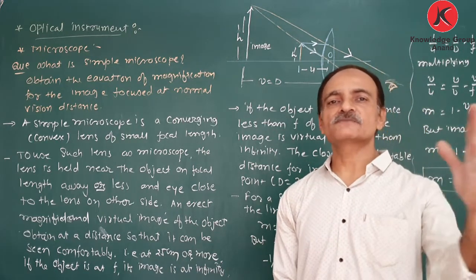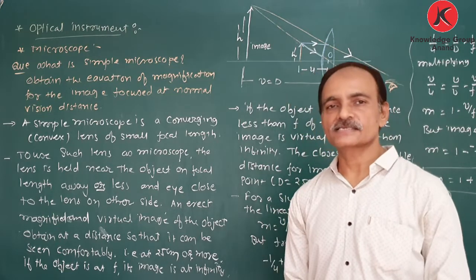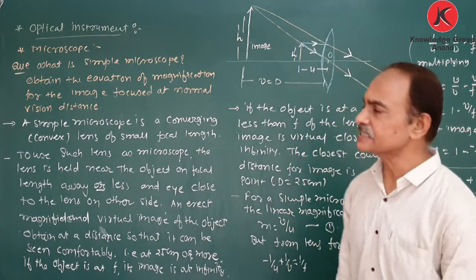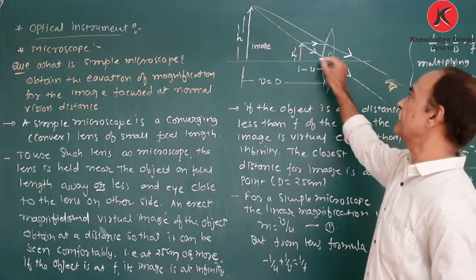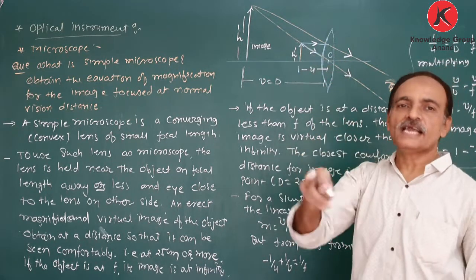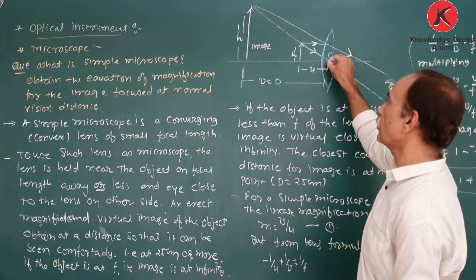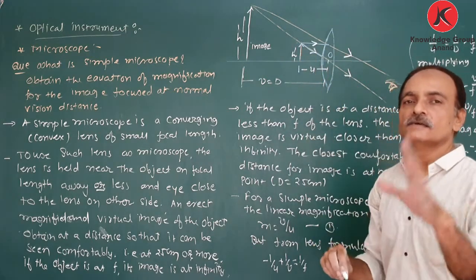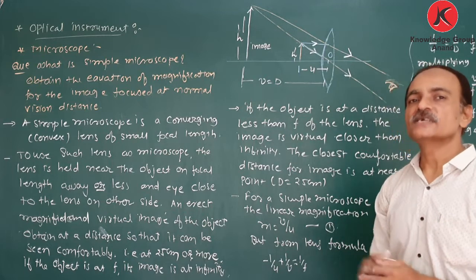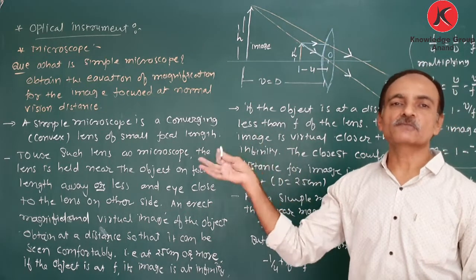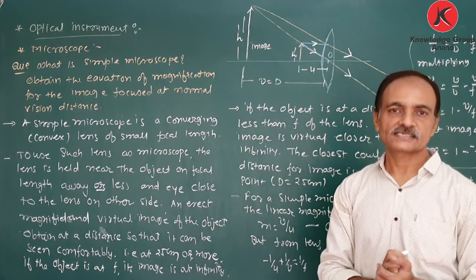But if we place the object between the principal focus and the optical center of a lens, or in case of a mirror, between the pole and principal focus of a mirror, its virtual image is obtained in enlarged size.